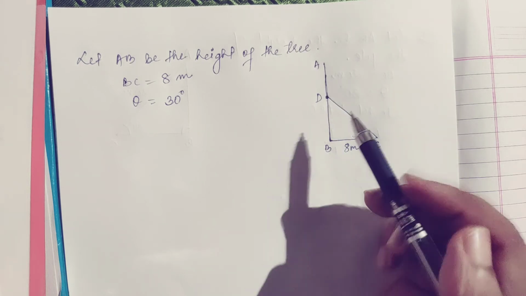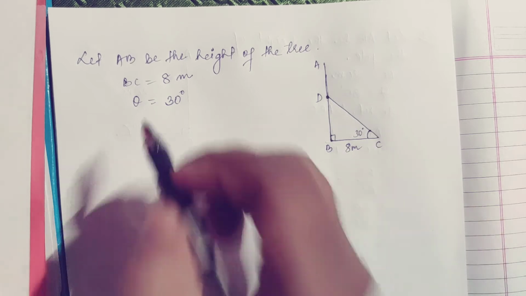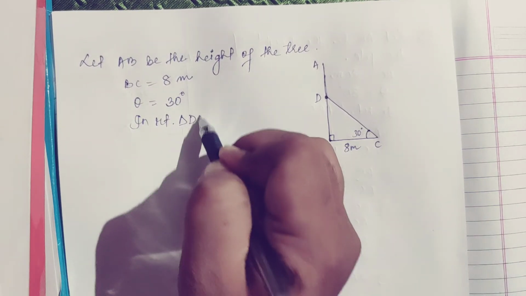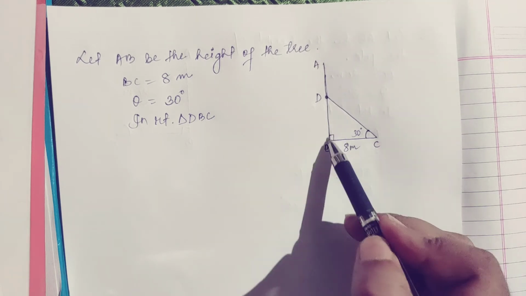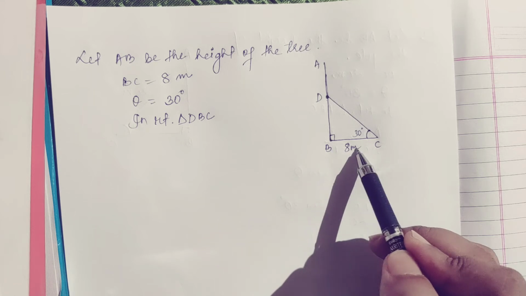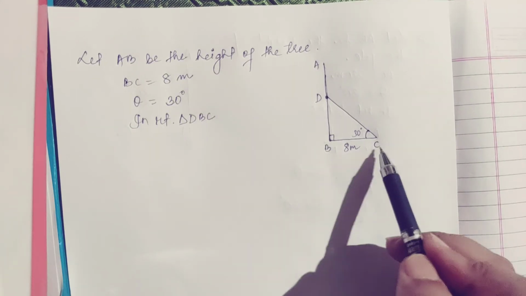So first we'll consider this right triangle. In right triangle DBC, we have to find this side DB. And this BC is known, it is 8 meter. So we'll take the ratio of these two sides, DB by BC.